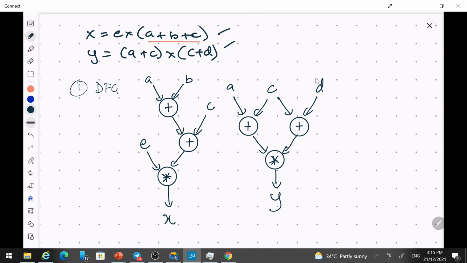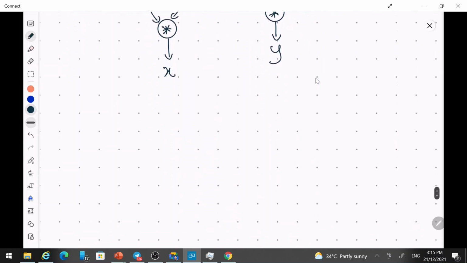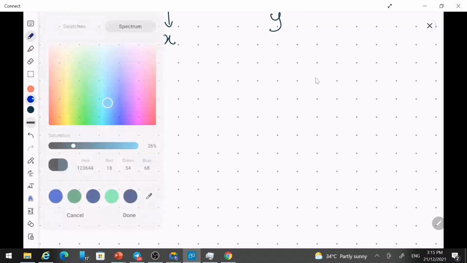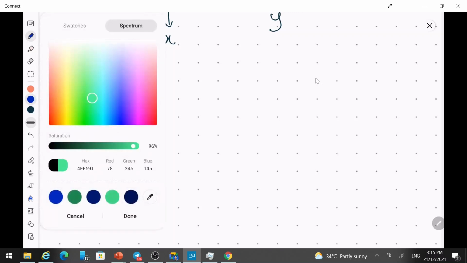And from the DFG, we need to do the resource allocation and also the scheduling, right? This is a very important step, where to do the scheduling, we need to have the cycle, the clock cycle.